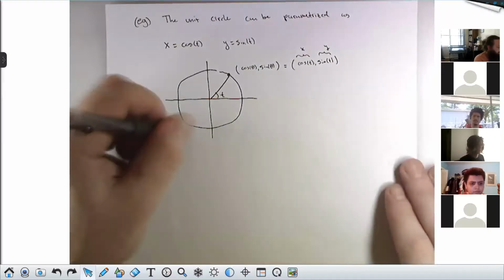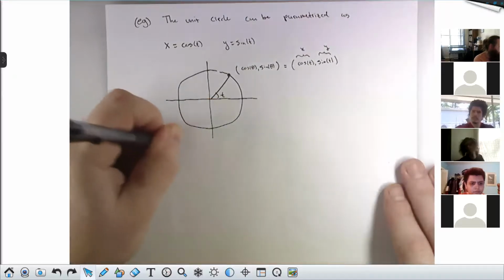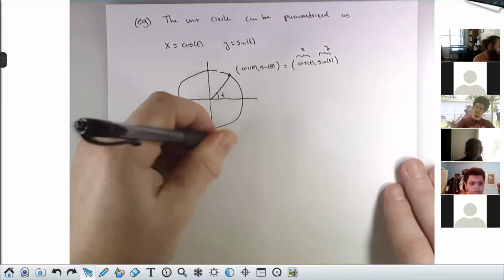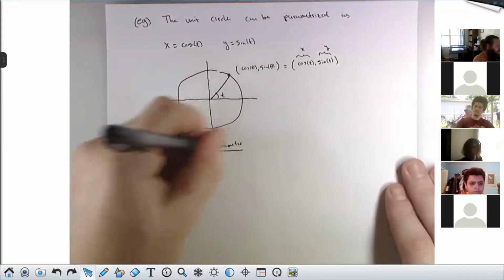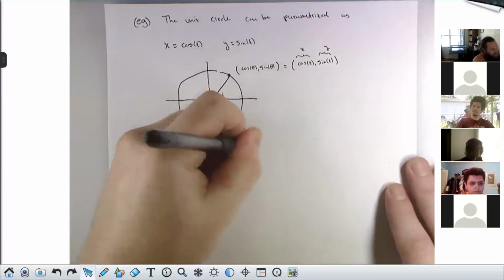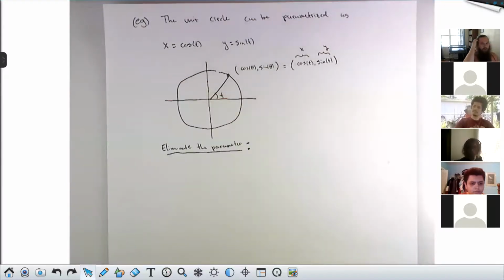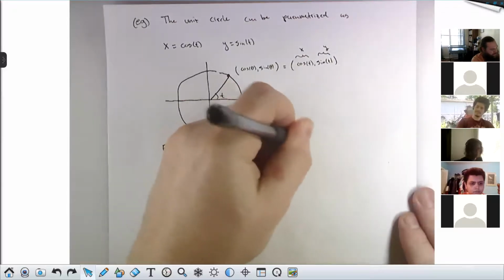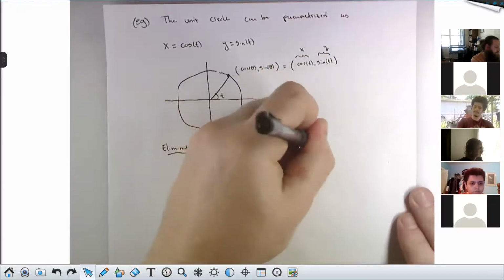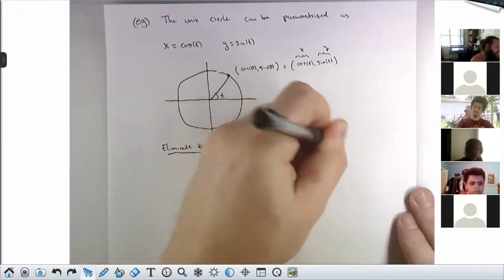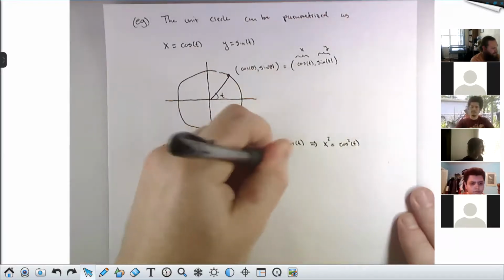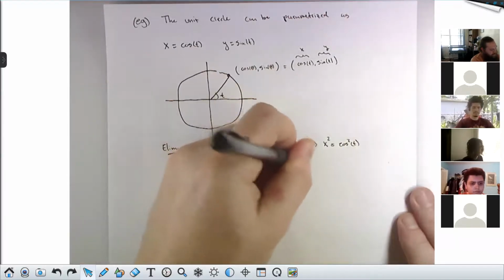We can verify this by eliminating the parameter. And the trick here is the same as the trick we used on the last example with some trig. It's the Pythagorean identity. X is equal to cos t. This means x squared is equal to cos squared t. Y is equal to sine t.